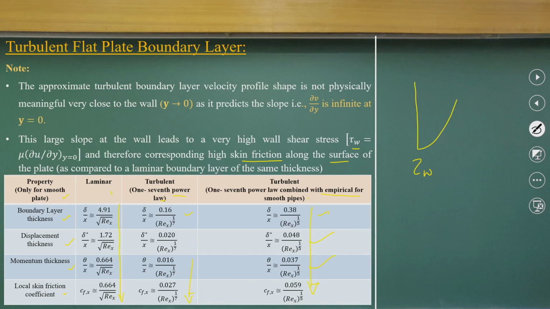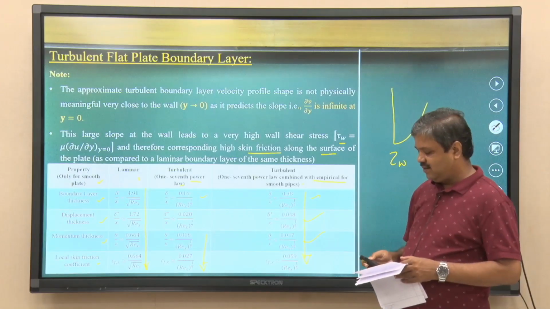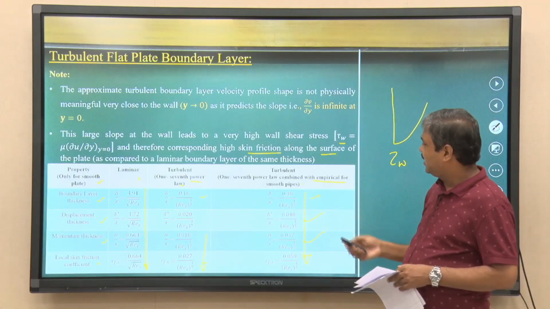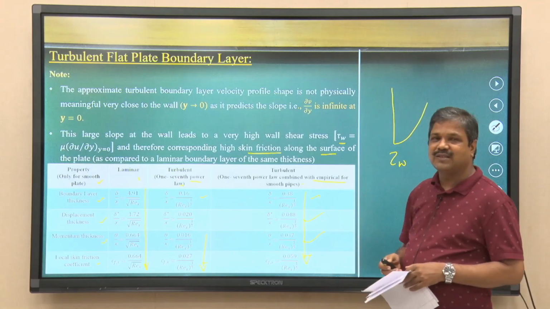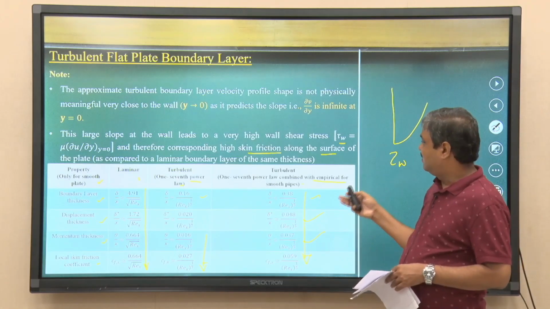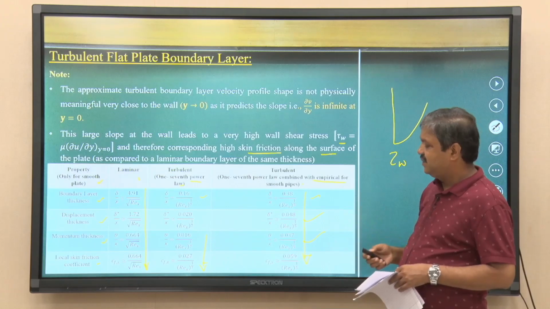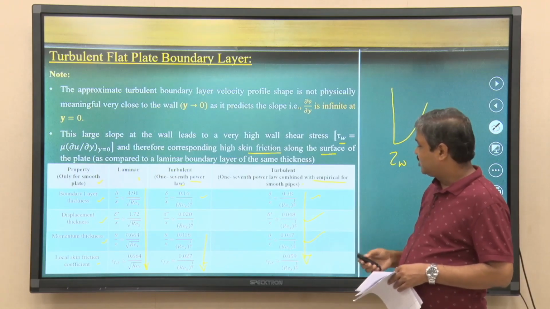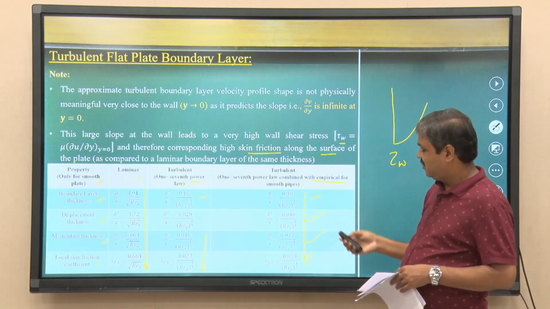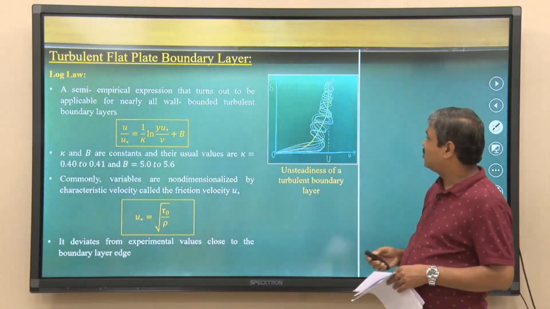In turbulence, a lot of studies were conducted to get the best approximations of boundary layer thickness and these properties in turbulent zones. So, these can all be said to be approximations.